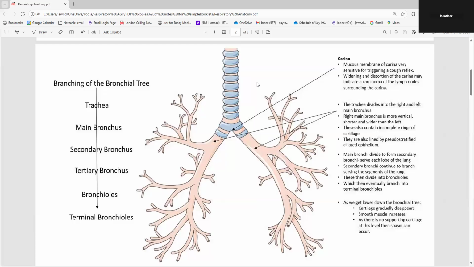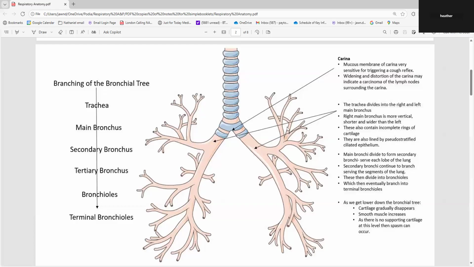So working our way down, the right and left main bronchi divide to form secondary bronchi serving each lobe of the lung. Remember, there are 3 lobes on the right side and 2 lobes on the left side. This division here would be the right upper lobe, this division here would be the right middle lobe, and this division here would be the right lower lobe.